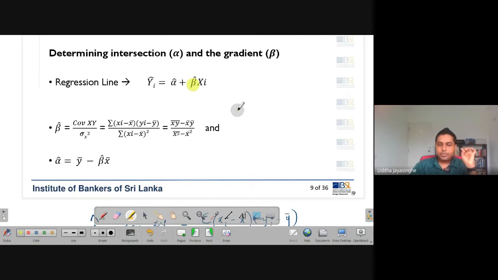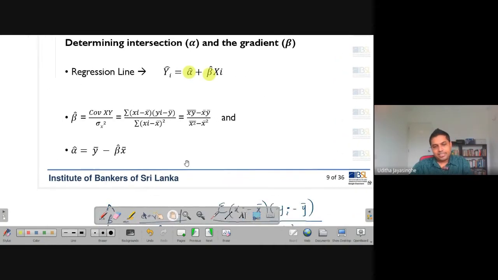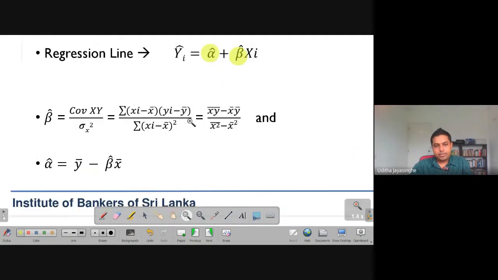Once we know the beta, for a known data point, like an average data point, we can assume that the best fitting line is going to cross this average point, and from that point, we can calculate the alpha also. So the methodology to follow this calculation is going to be something like this.